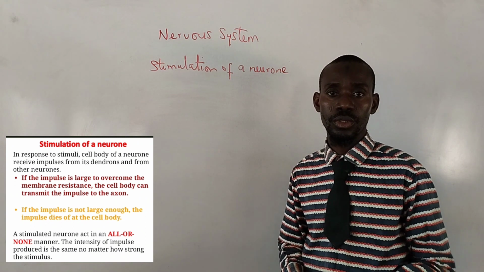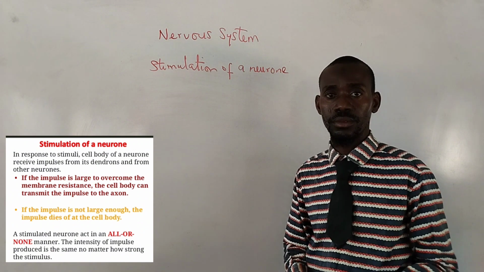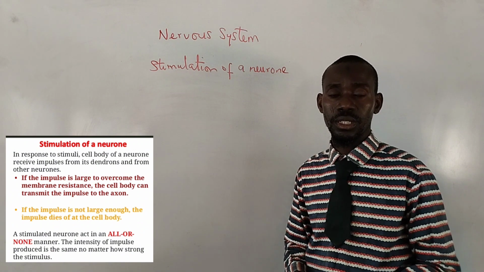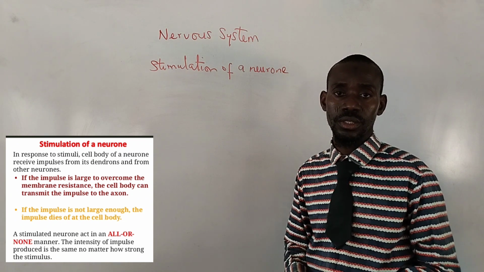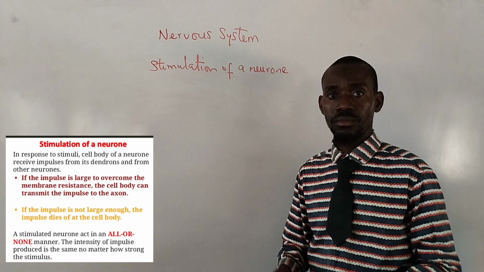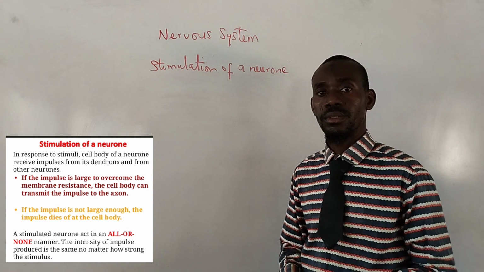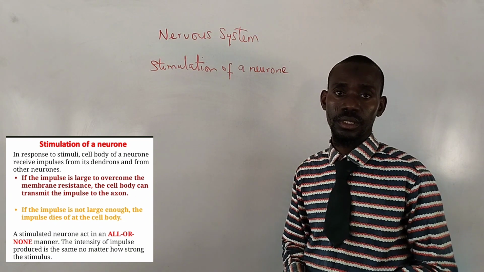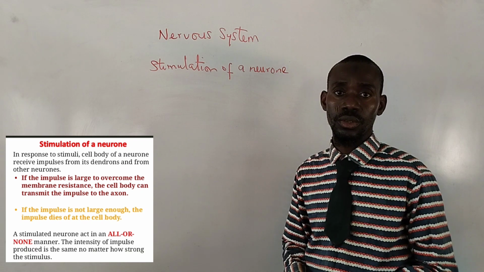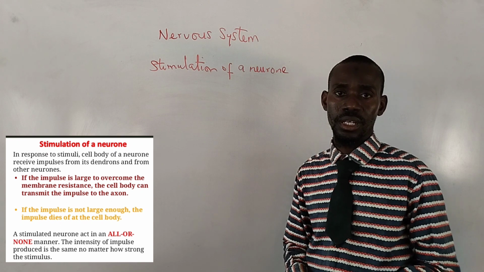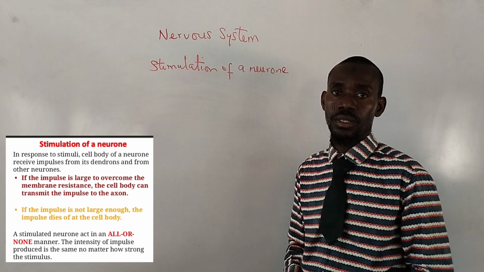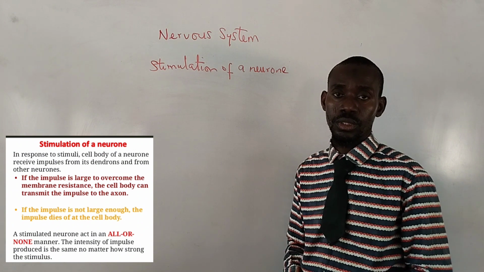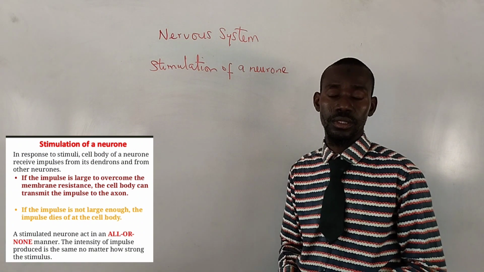But when the impulse is so small that it cannot overcome the membrane resistance, then such an impulse dies in the cell body in a none manner. So a stimulated neuron acts in an all or none manner. The intensity of the impulse produced is the same, irrespective of how strong the stimulus is.